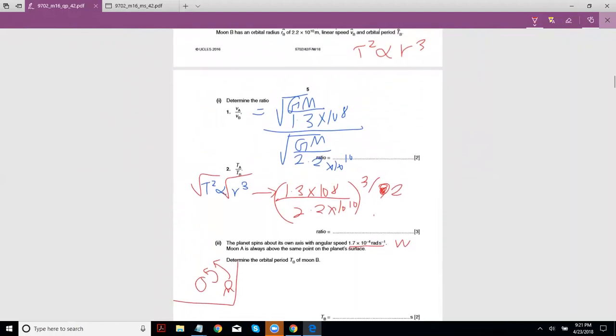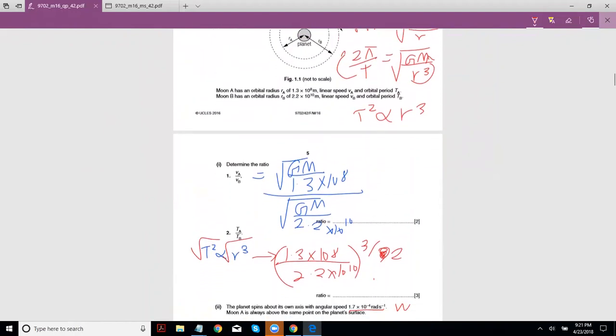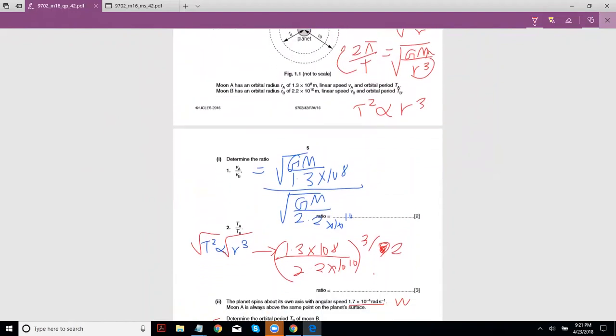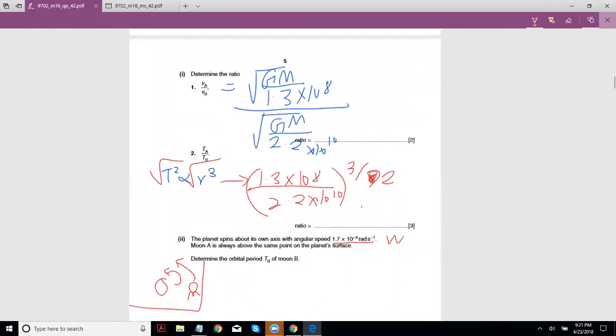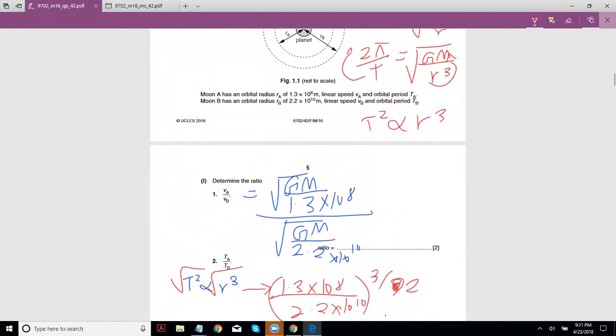तो moon A के लिए हमें क्या करना है? Moon A के लिए I guess you have to figure out the orbital period. The planet spins about its own axis. या तो moon A के लिए आपने R निकाल लिया, is the ratio always going to be the same?